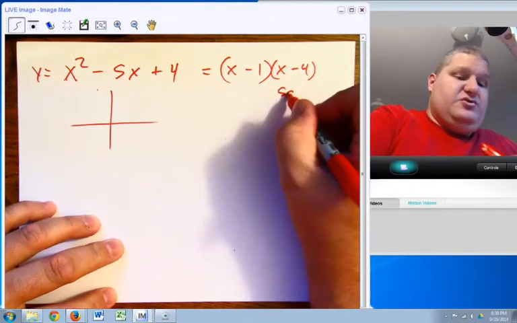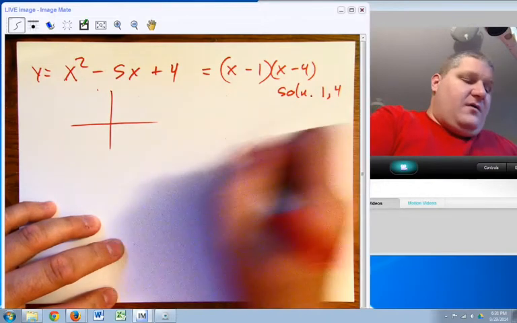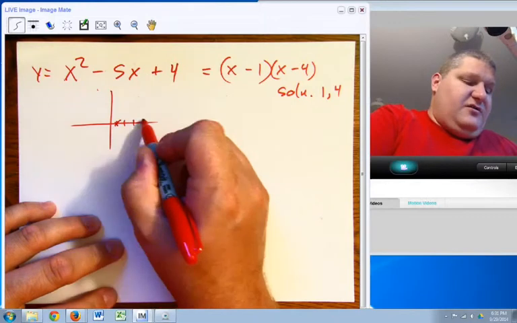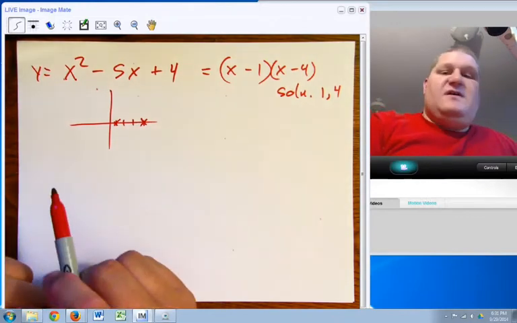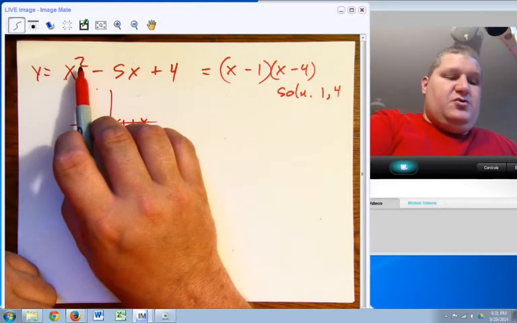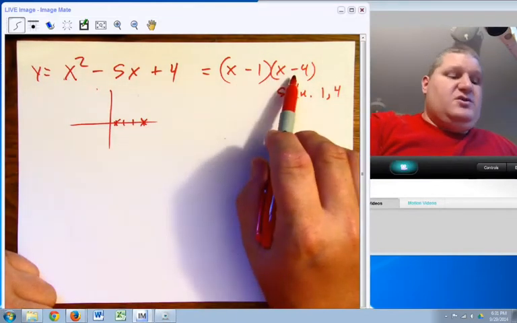So our solutions are 1 and 4. So if I have 1, 2, 3, 4, I have a solution here and a solution here. You'll notice fundamental theorem of algebra says since I have a highest power of 2, I have up to 2 solutions. In this case, I've chosen one with 2 solutions.